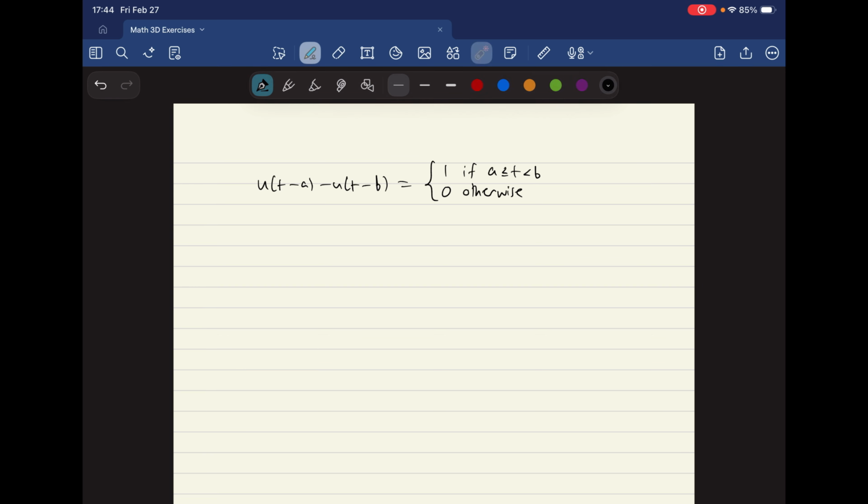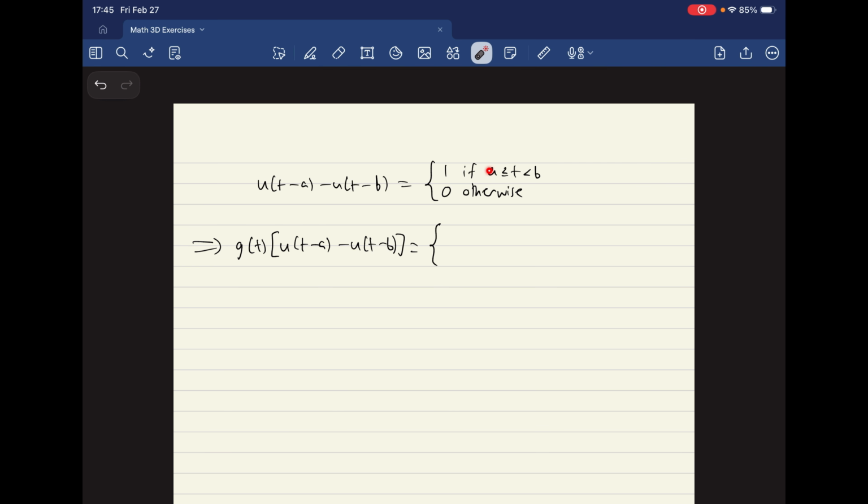Because this function is 1 on this interval and it's 0 otherwise, it follows that if I multiply by any function, let's call it x of t, or maybe g of t, just to not confuse with the solution to our ODE. If I multiply g of t by this function here, well, on this interval, this part is equal to 1.